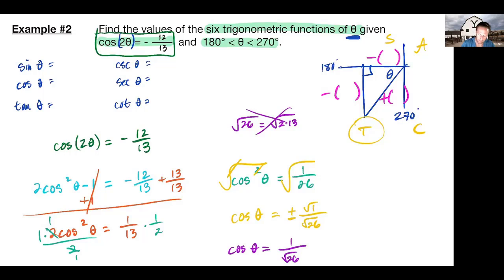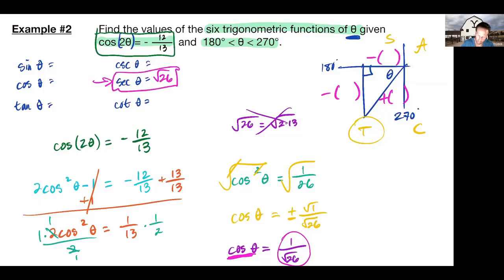But they're not going to want that. So one thing that you can do right then and there, though, is because this is what cosine of theta is equal to, I'm going to go ahead and take this and flip it to get my secant, which would just be the square root of 26.